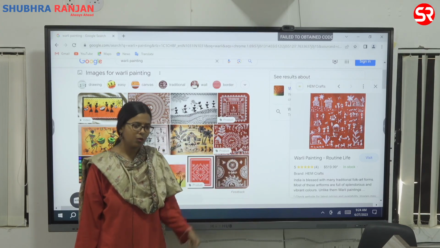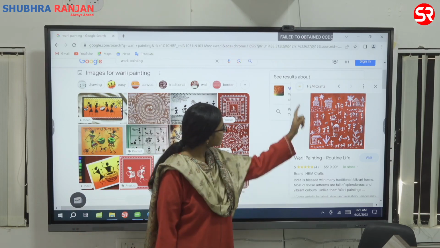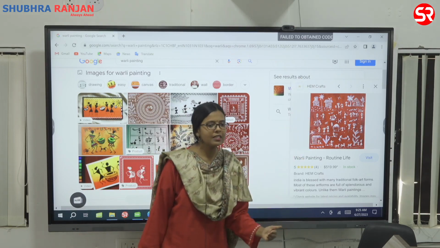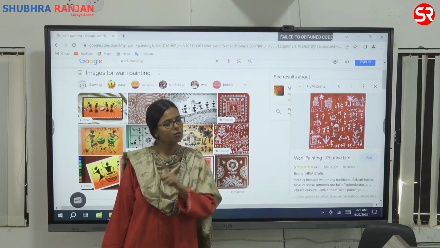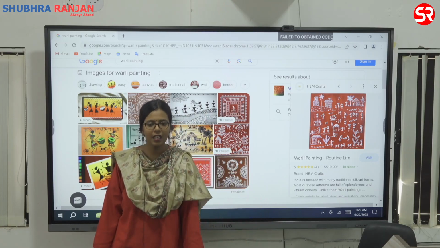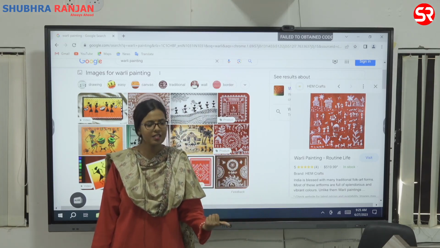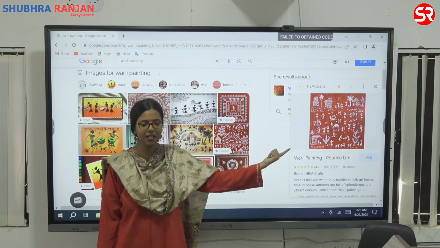व्हाइट है. वन सिमिलैरिटी. सेकंड, दीज आर ऑल्सो बीइंग पेंटेड on the walls of their houses. Those paintings are also on the walls of their houses. Technique, stick like figure, stick like figure.